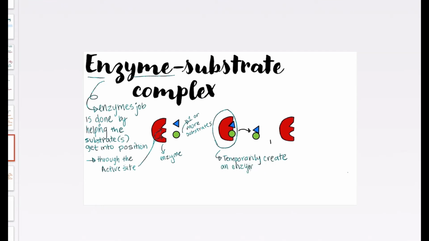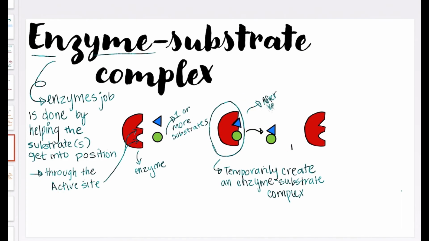All right, so in the process where your enzymes are helping speed the process along and speed up the reaction, that temporarily created compound is known as your enzyme substrate complex.